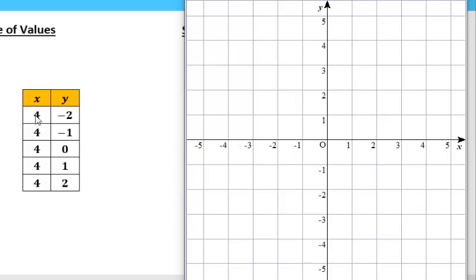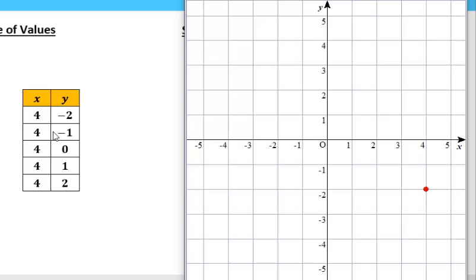So the first point is going to be (4, -2). So I'm going to go horizontally to 4 and vertically to -2. So this is where the first point should be marked. Okay, I'm going to mark it in there. I'm going to continue with the other points.